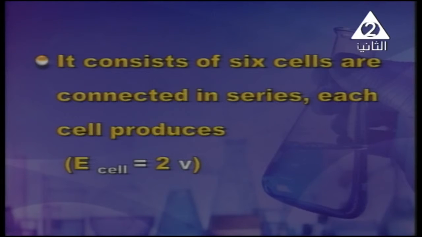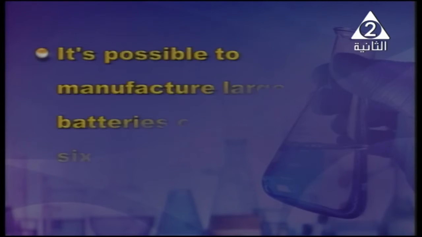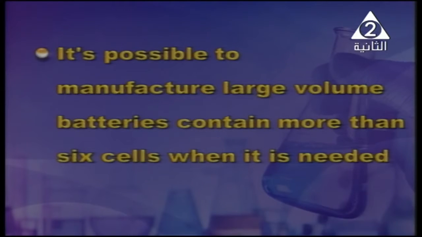It consists of 6 cells connected in series. Each cell produces 2 volts, so the total cell potential of the battery is 2 times 6 equals 12 volt. It is possible to manufacture large volume batteries containing more than 6 cells when needed.